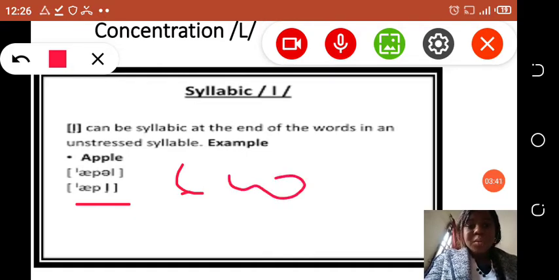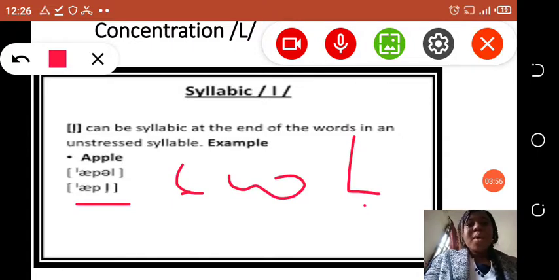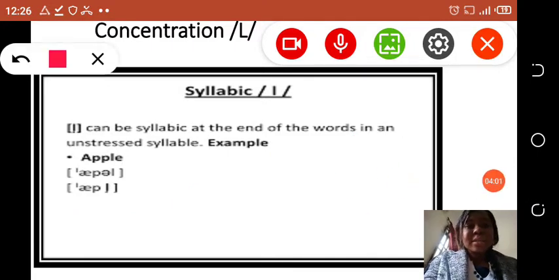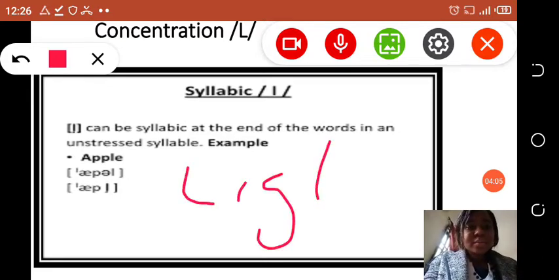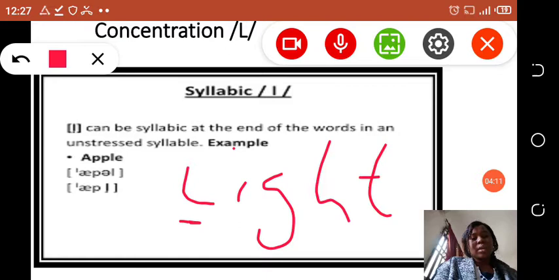We have 2 syllables. The last sound there makes this part a syllable because, look at it, we have a dot below the l. That indicates that it is a syllabic consonant. But when we have words like light, in such a word, this l here is not a syllabic consonant.